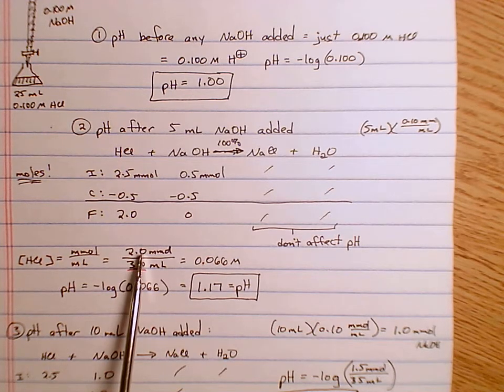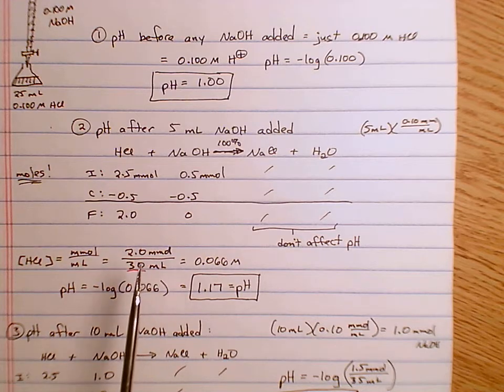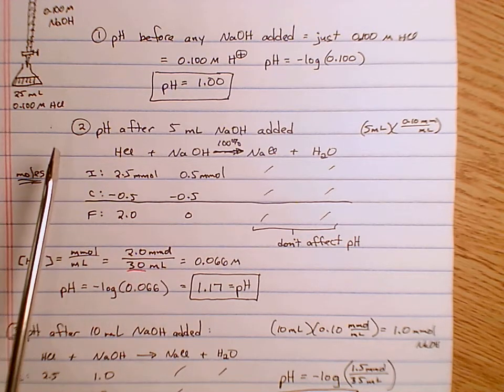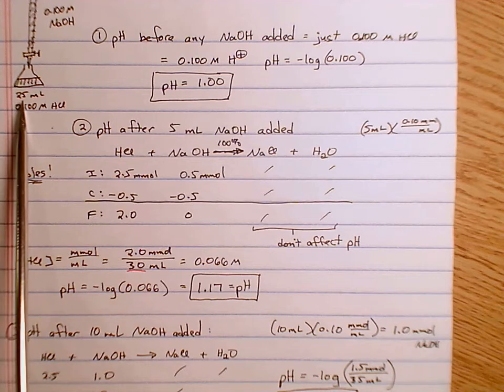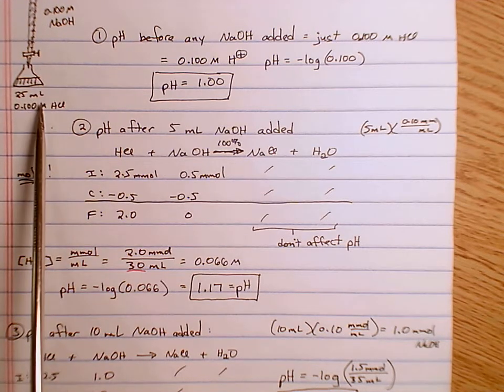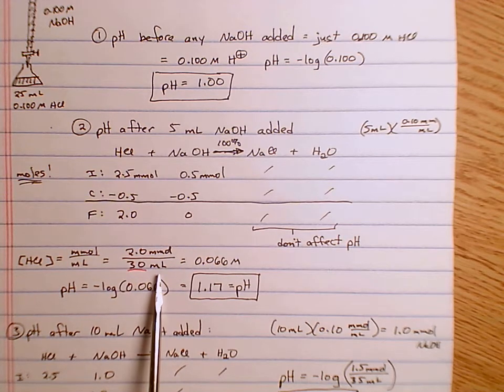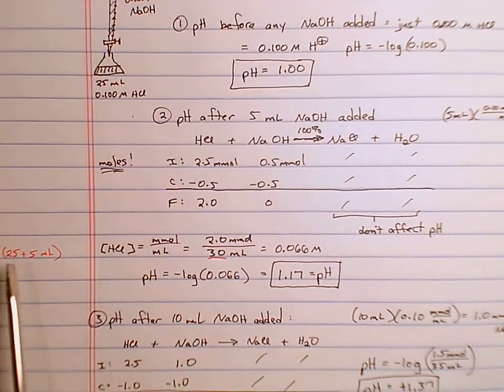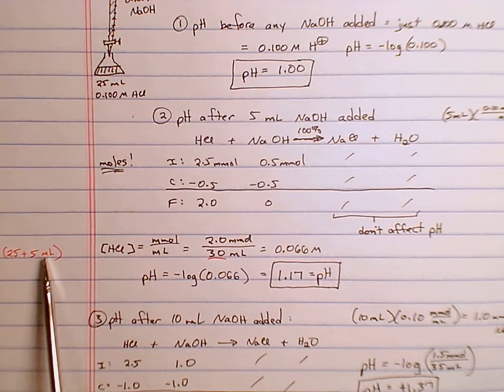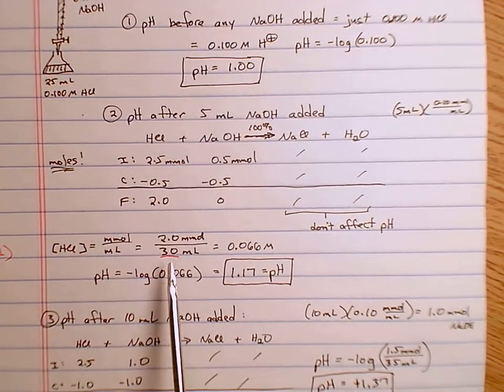I have 2 millimoles. But note, I started with 25 milliliters of HCl. I added 5 milliliters of base, so my new total volume is 30 milliliters. 25 milliliters to start with plus 5 milliliters makes 30 milliliters as my new volume.